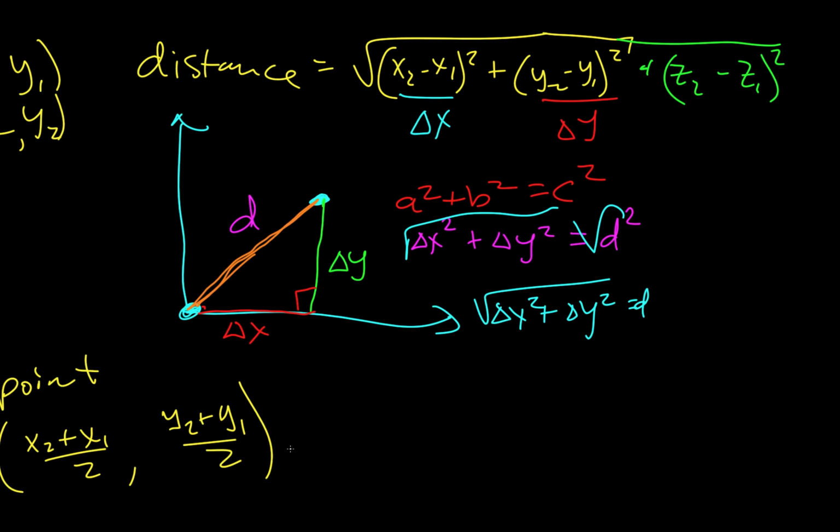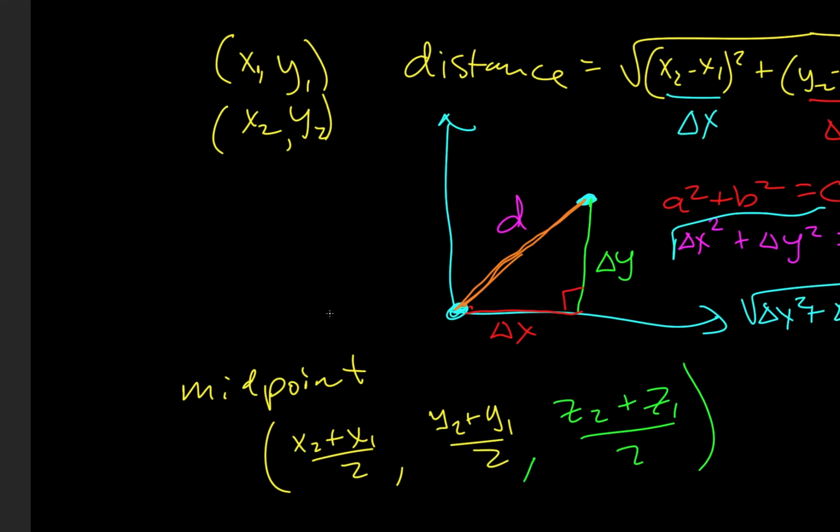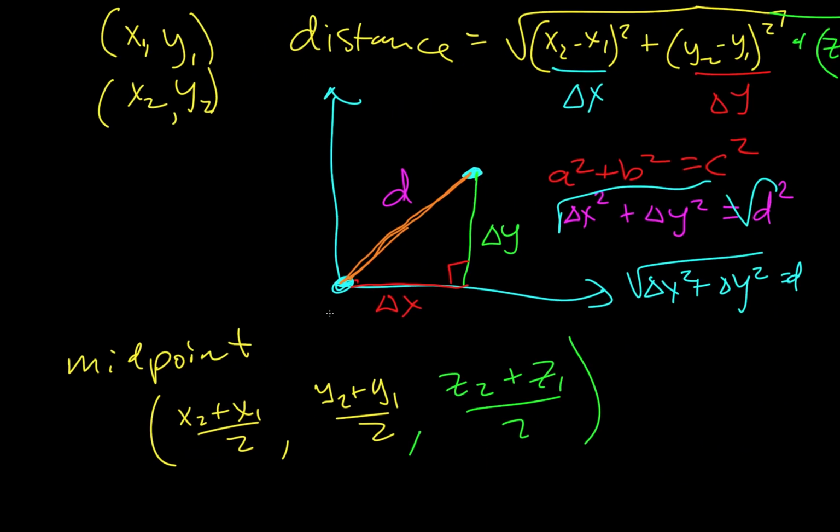For midpoint, we just get rid of this, do an ordered triple, but we're still taking the average. So we're just going to tack on z2 plus z1 over 2. And so that's kind of the idea of it. So let's go to example 1 and see how we use this.